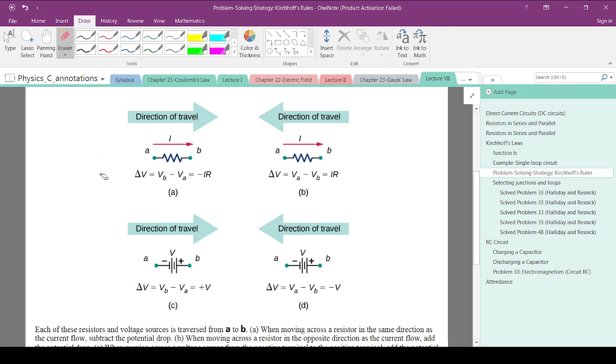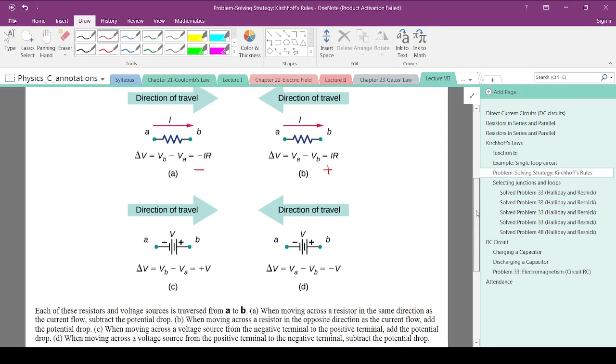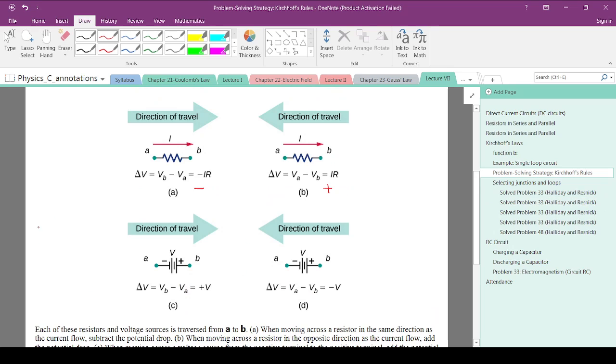Very important to keep this. This one is going to be negative, and this one is going to be positive. And when you're traveling in your loop and go through the sources, the EMFs, if you go this way, we consider it positive too, and if you go in the opposite direction, we consider it negative.